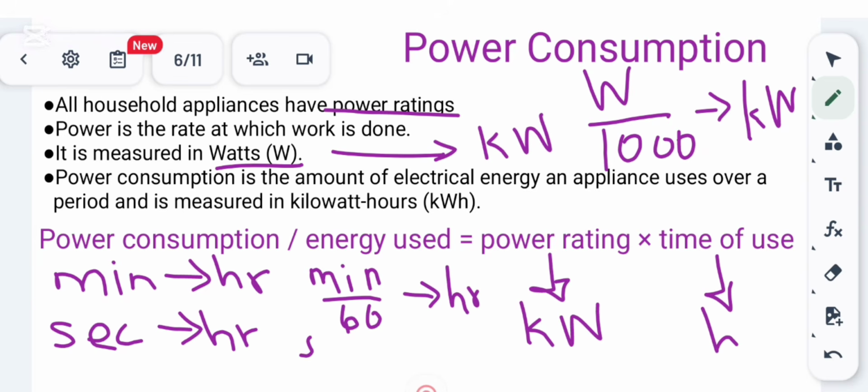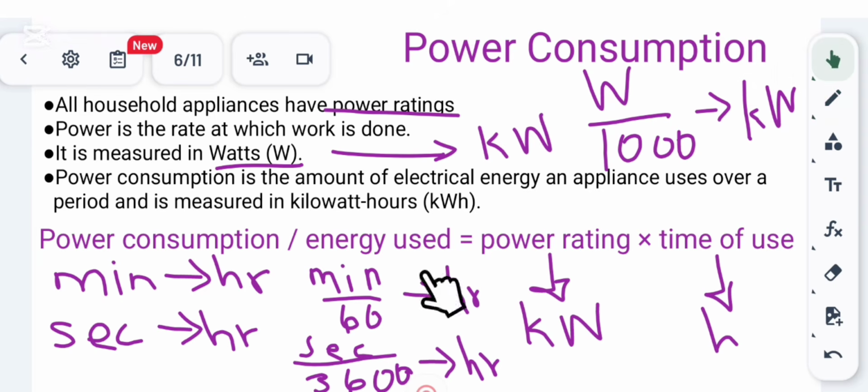For seconds, we say seconds divided by 3,600, and the answer will be in hours. These conversions come from mathematics, grade 8, so please keep them in mind.